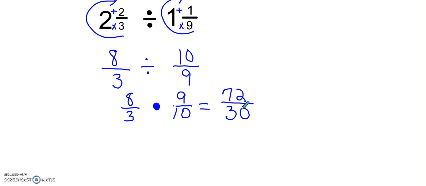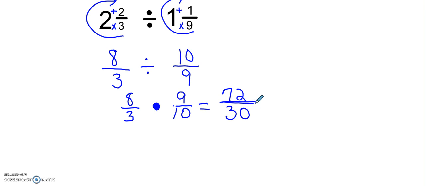And that's my final answer, except it's not simplified. So then I would have to find a common factor. We simplify fractions by finding a common factor. I could do it that way, but it's a little trickier if I don't have a calculator. I could also cross simplify before I multiply. So I'm going to first do it this way, and I'm going to find a common factor.